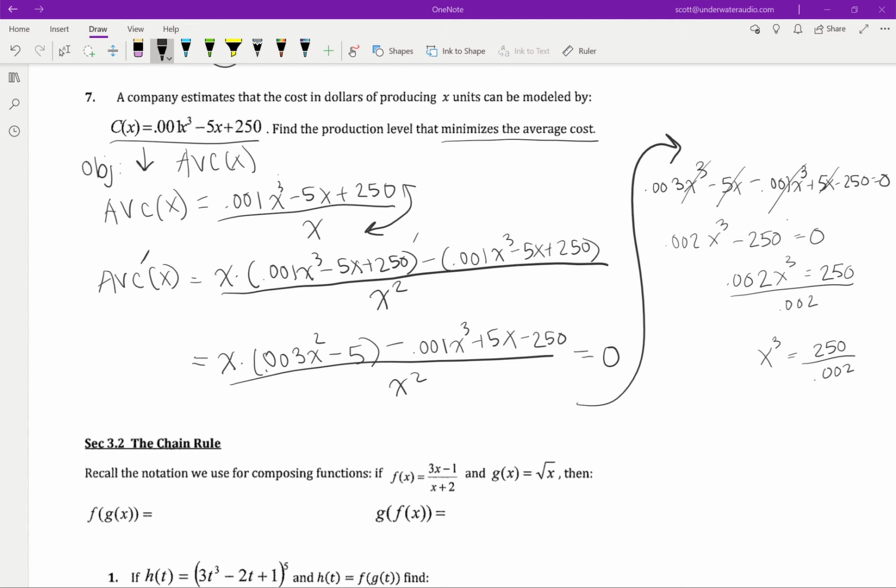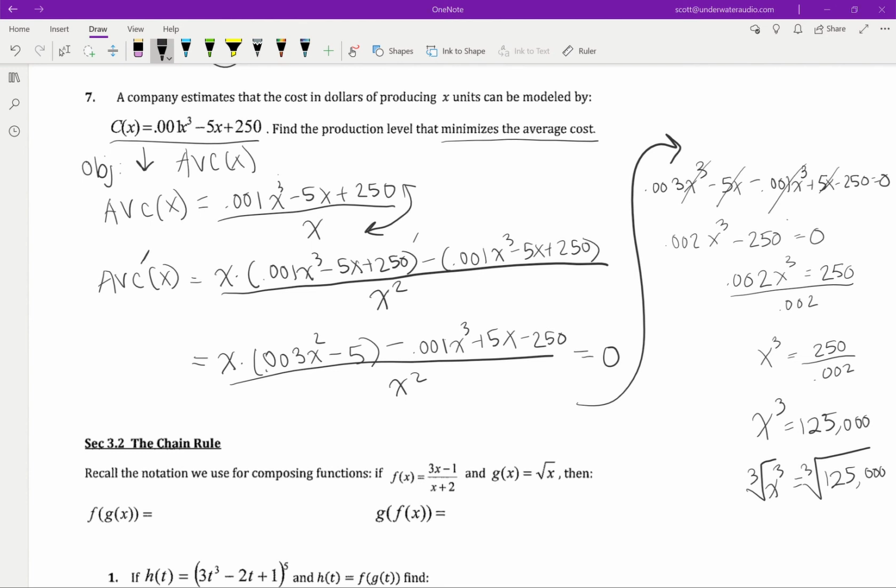Okay, 250 divided by 0.002, it's going to be something huge, 125,000. So x cubed equals 125,000. Cube rooted, if I do that to both sides, the cube root of 125,000 is probably like 50,000.